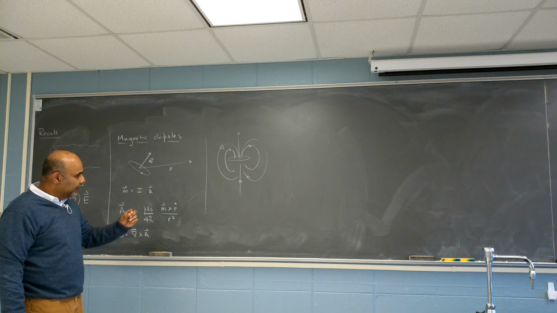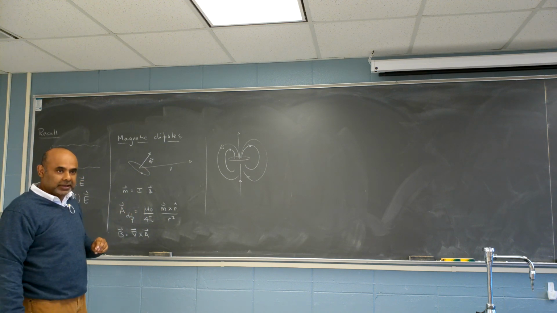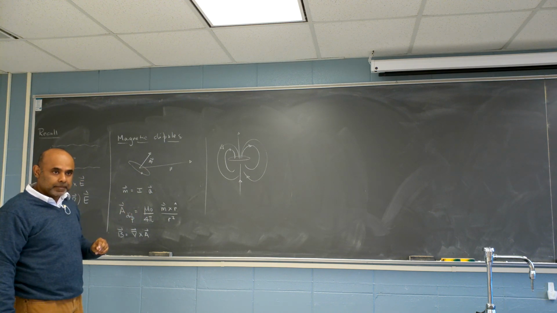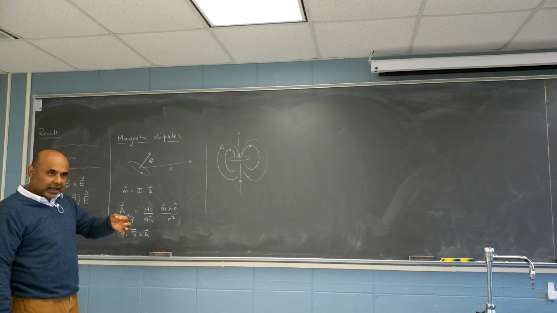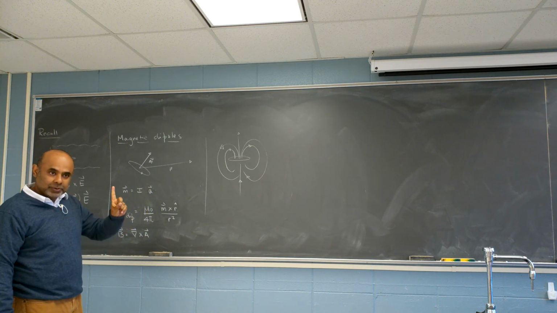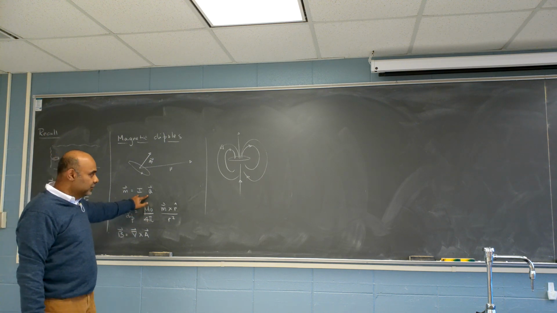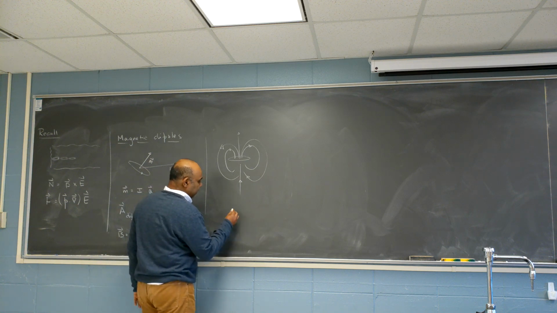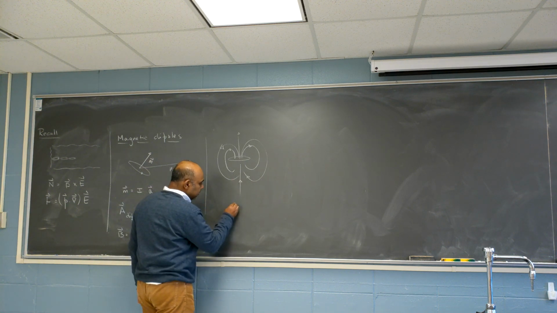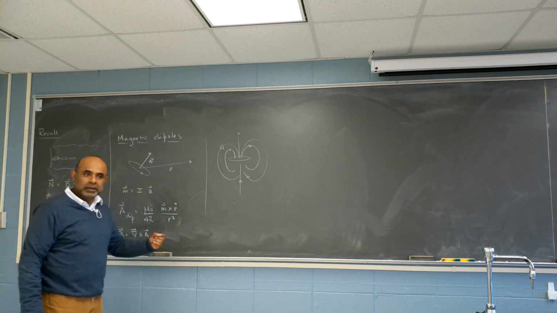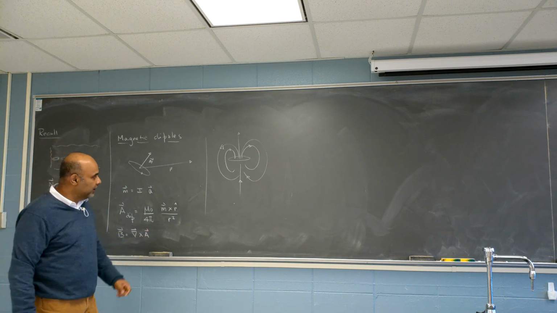So the mathematical dipole is what? It's a physical dipole where the area goes to 0, but the current goes to infinity, so that this product remains the same. So we will approximate these dipoles as almost point dipoles. Okay?